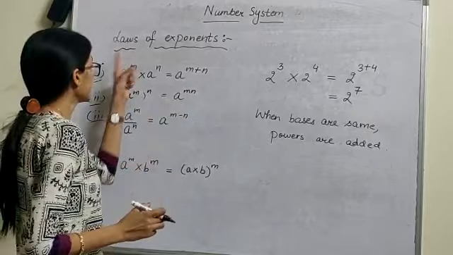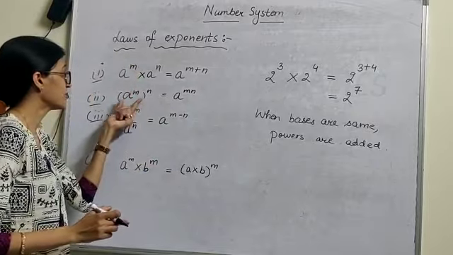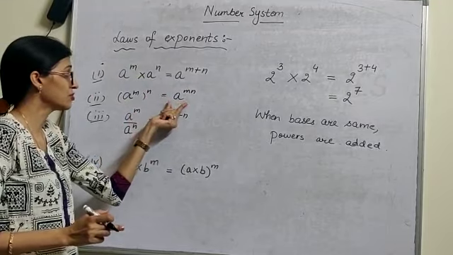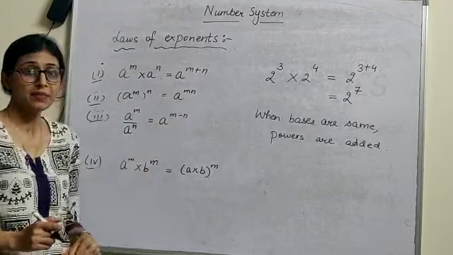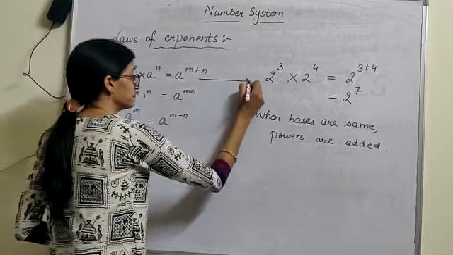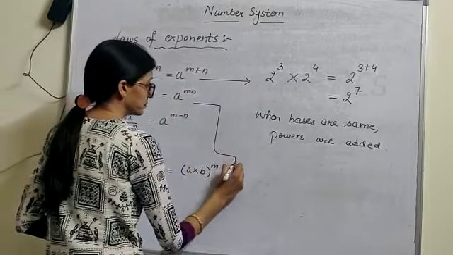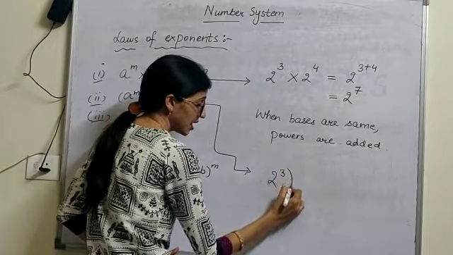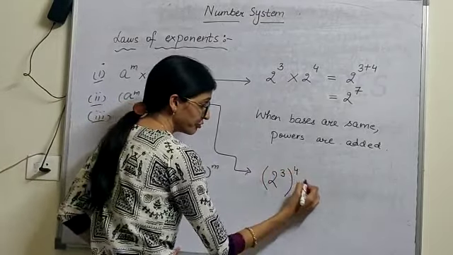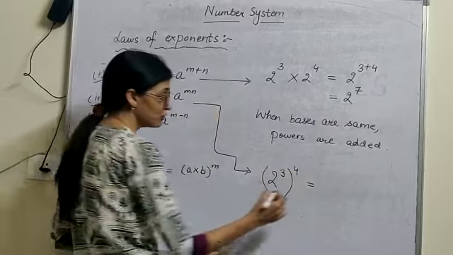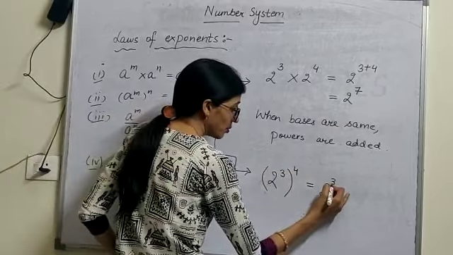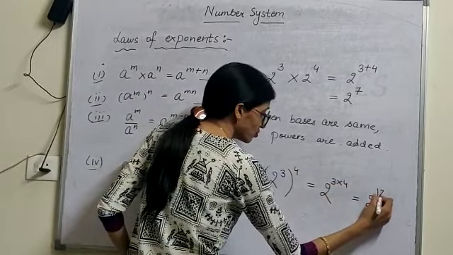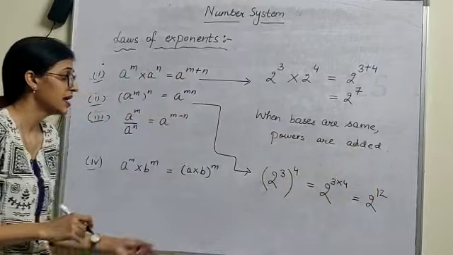Now the next law is a raised to power m whole raised to power n is equal to a raised to power mn. For example, 2 raised to power 3 whole raised to power 4 is equal to 2 raised to power 3 into 4, that is 2 raised to power 12.